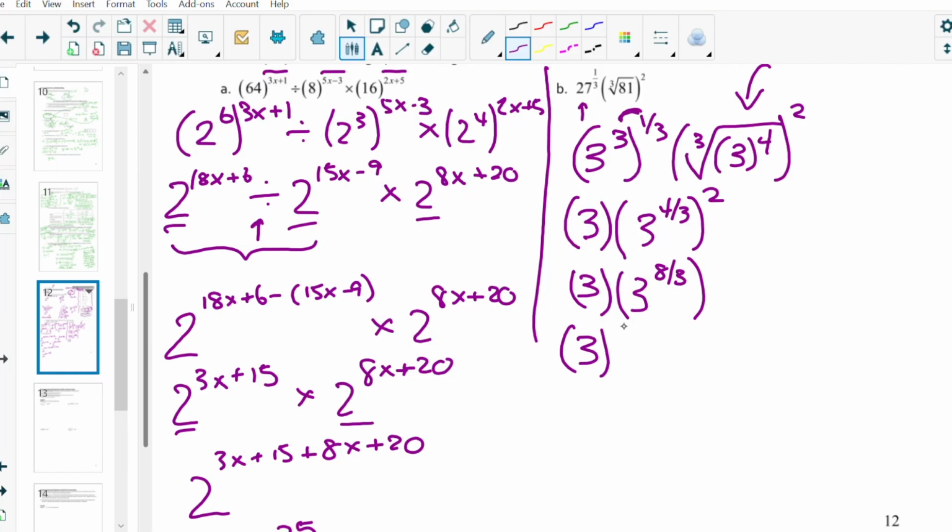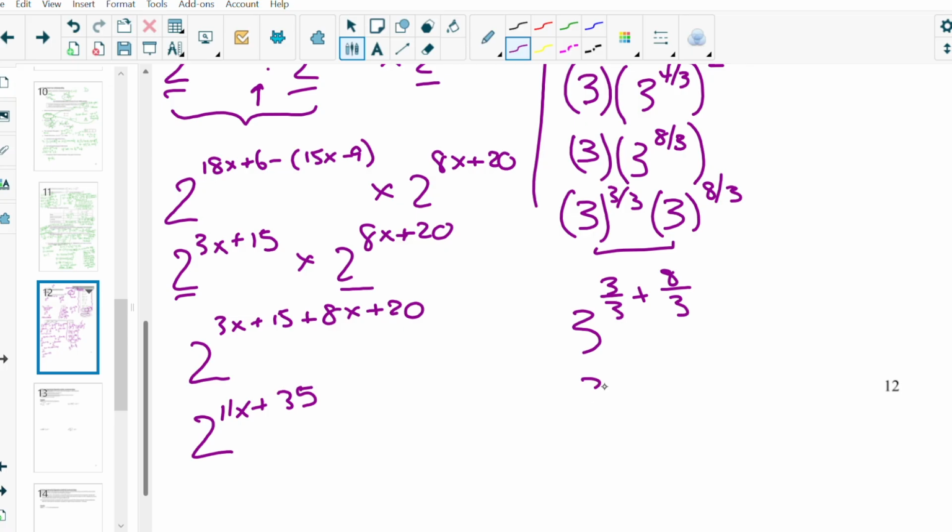Let me rewrite this as 3 to the 3/3 times 3 to the 8/3. When I'm multiplying, right, I have the same base, I combine the base, and I add the exponents. Okay, so I get 3 to the 11/3.